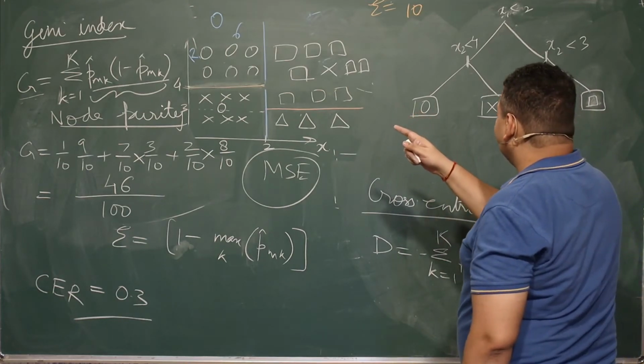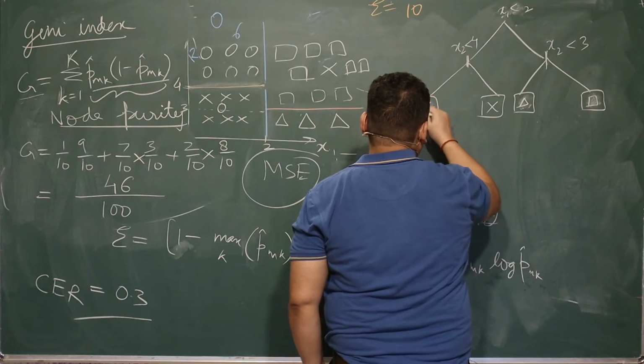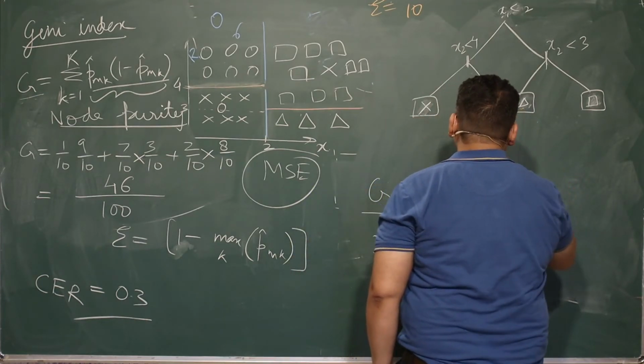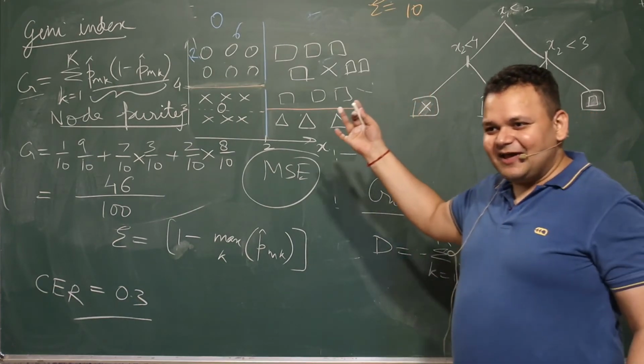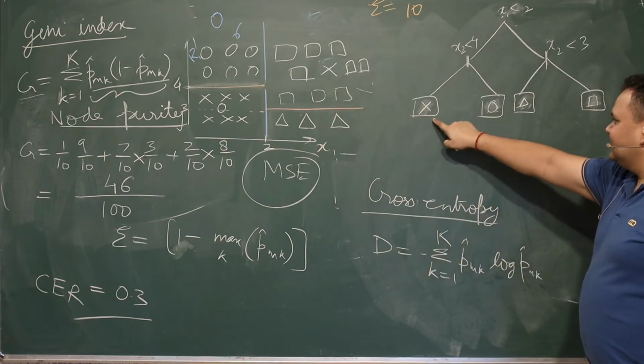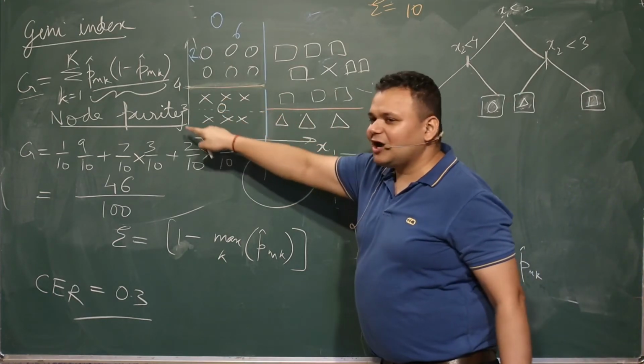Is the other one correct? No, that is also wrong. Do you all agree? Do you all see the previous mistake that I made? Yes, sir. If x1 is less than 4, then I should predict a cross. That is what I'm doing here.